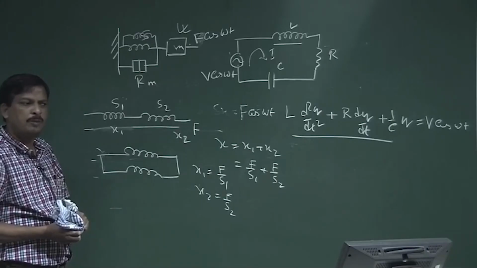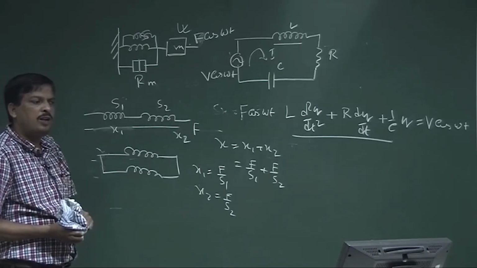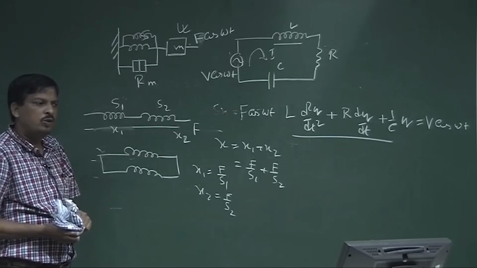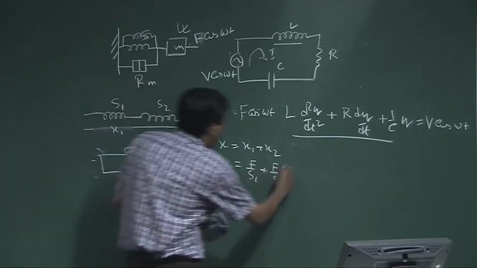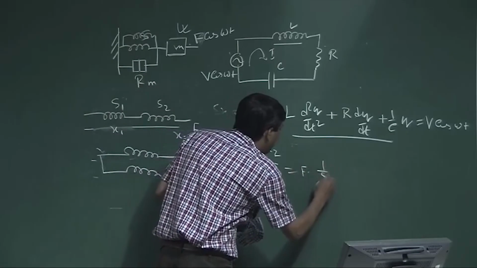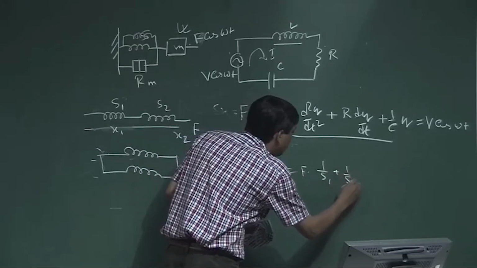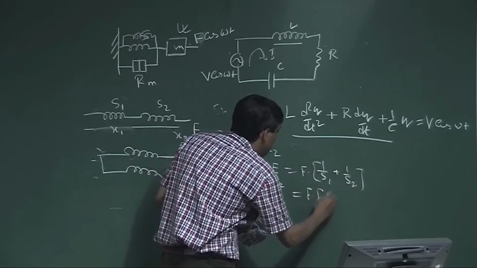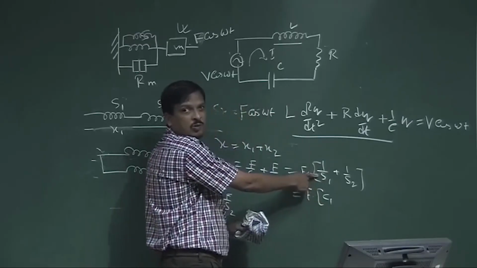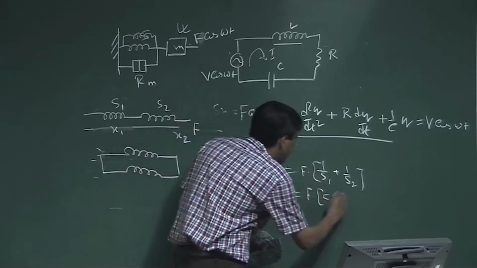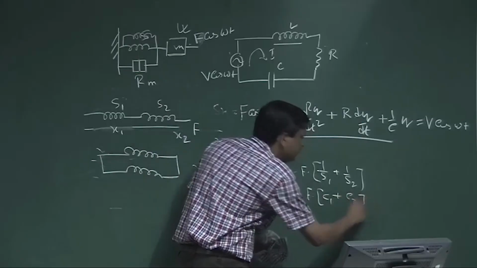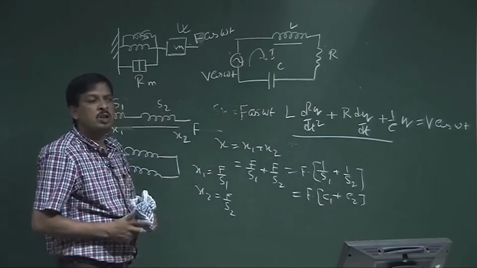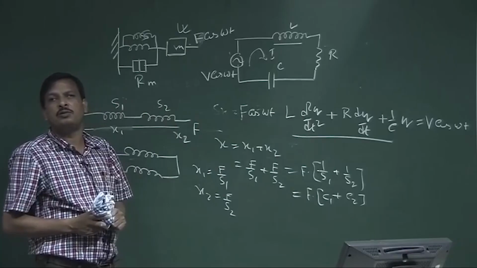So, it is nothing but F into 1 by S1 plus 1 by S2. Now, 1 by S1 means C1 and 1 by S2 means C2, so it is nothing but C1 plus C2.